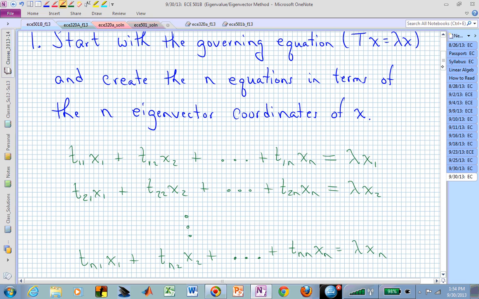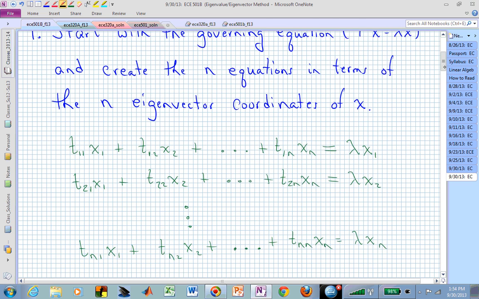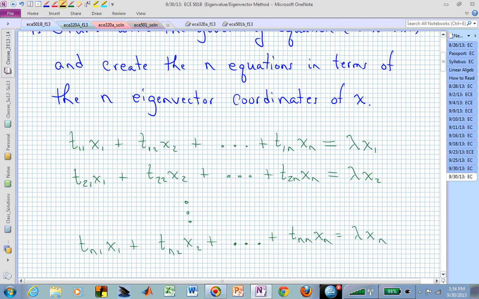And if you multiply that Tx equal to lambda x out, you will then see that you do indeed get n equations, the first equation being t11 x1 plus t12 x2, etc., equal lambda. And lambda is not yet known. We're trying to find what these eigenvalues are, so we want to leave lambda as a variable.